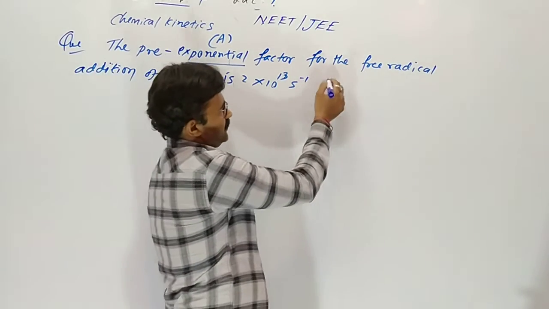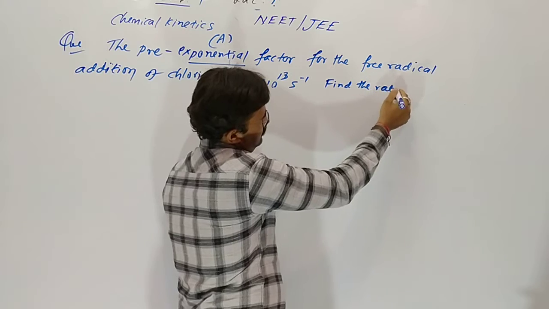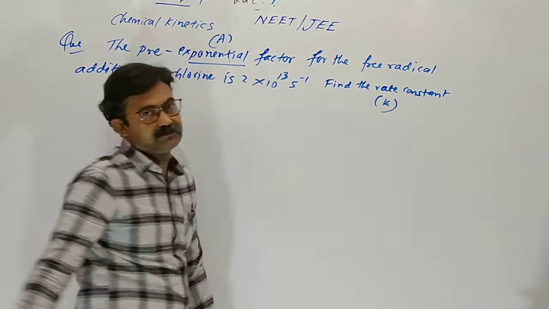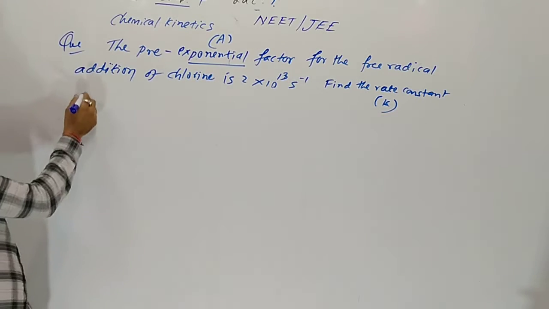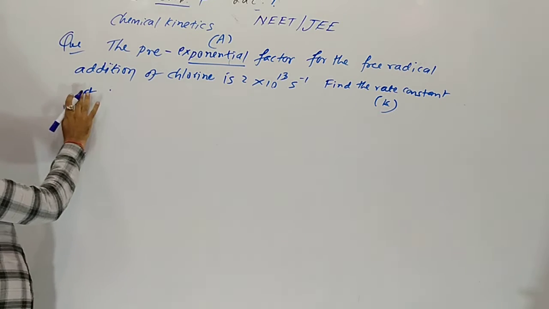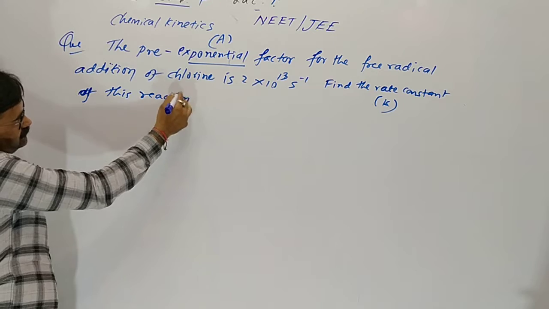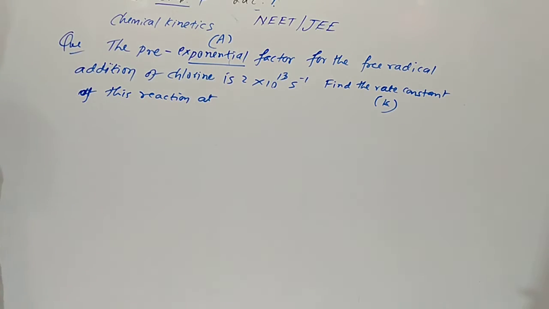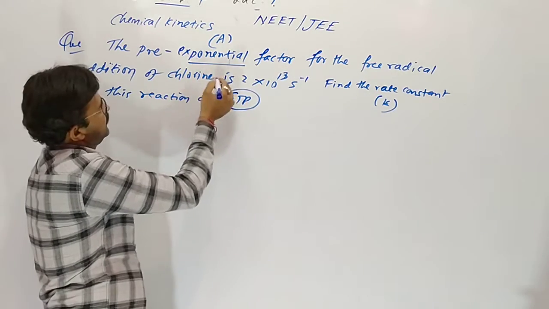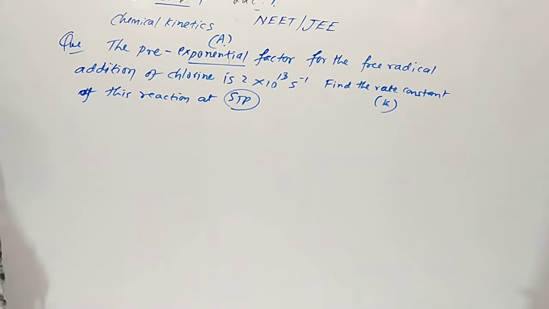Find the rate constant, meaning k, of this reaction at STP. Here A is given. Pre-exponential factor means the Arrhenius constant is given.